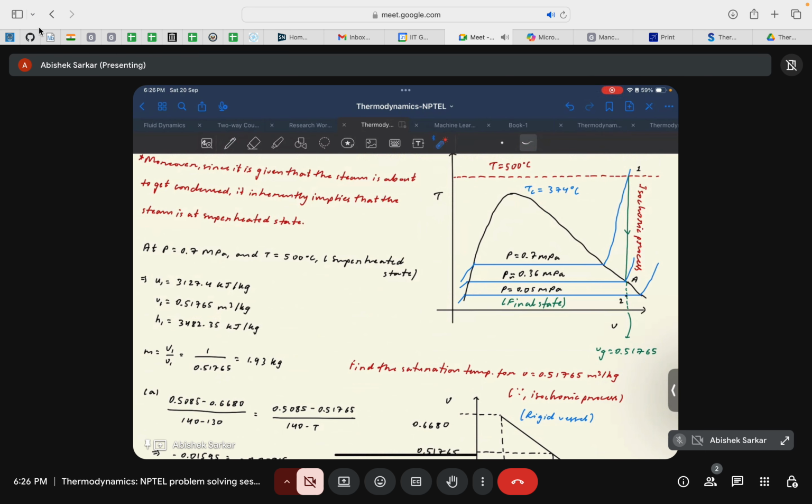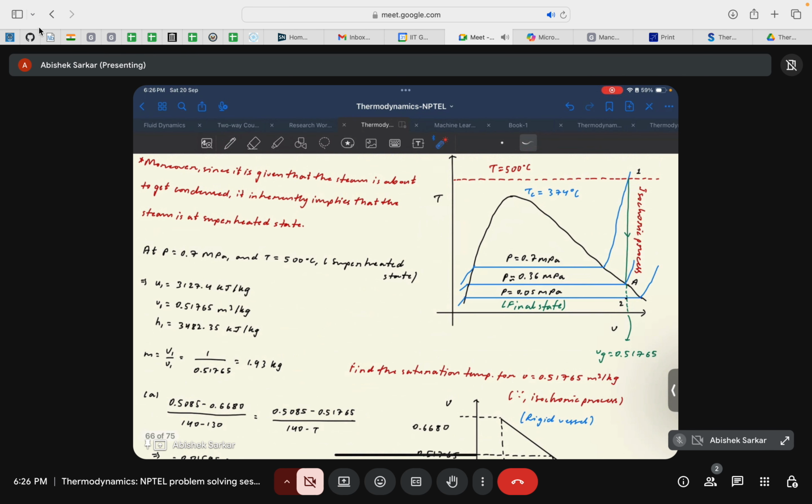Since it is inside the liquid vapor dome, because it is already condensed at point A, so definitely the next state after further decrease in pressure will be inside the liquid vapor dome. So we need to take the aid of the saturation steam table.